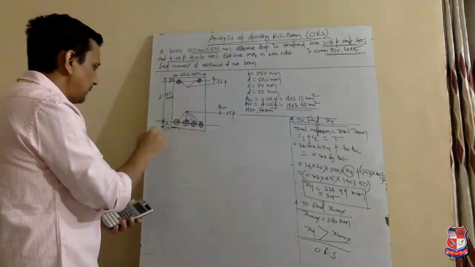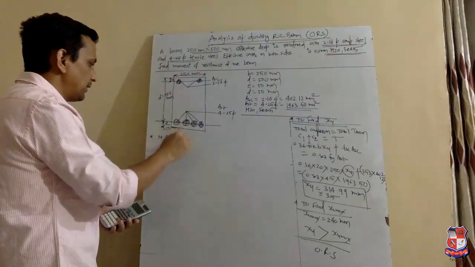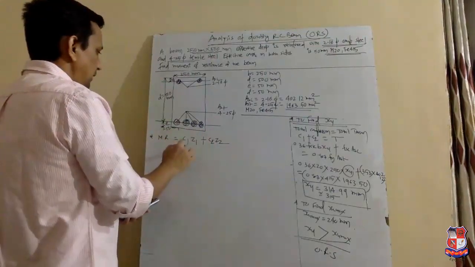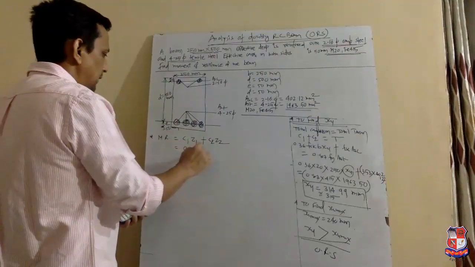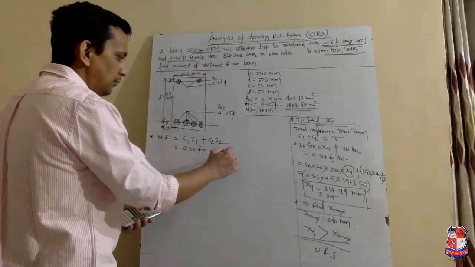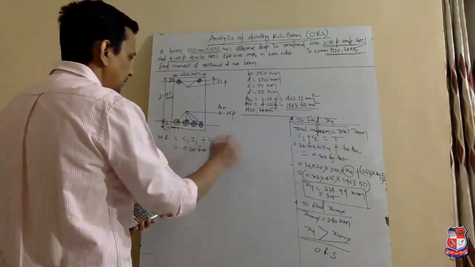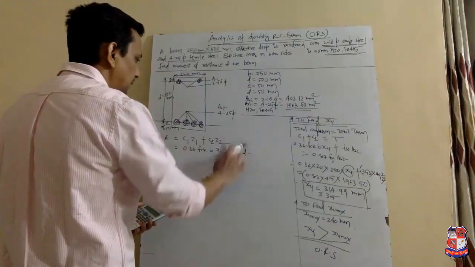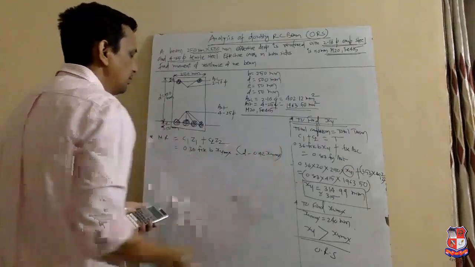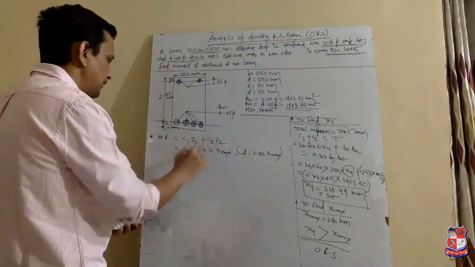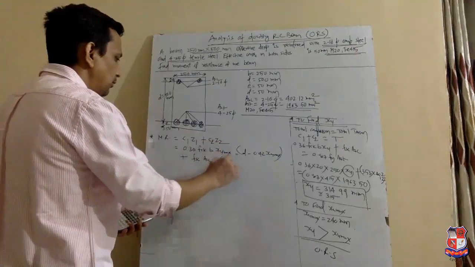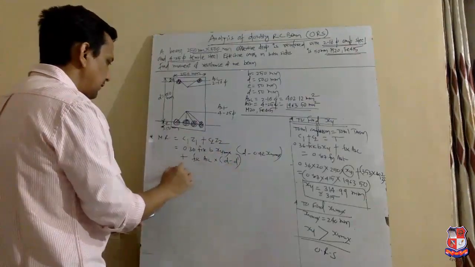Now the final step is moment of resistance, C1 Z1 plus C2 Z2, equal to 0.36 fck b into xu, but instead of xu, we have to write xu max, into d minus 0.42 xu max, plus C2, fsc into Asc into Z2, d minus d dash.